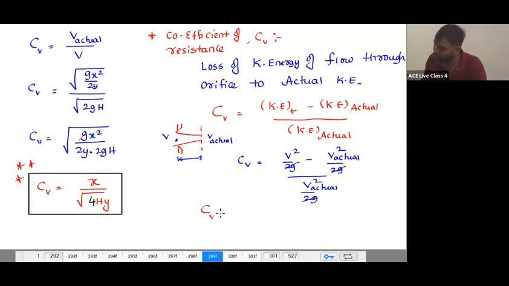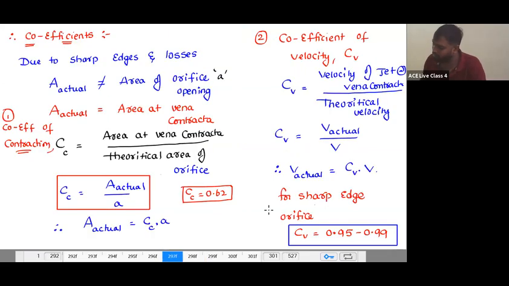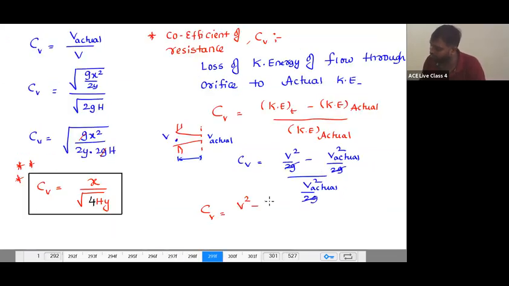Now can I write it as V square minus V actual square by V actual square? What is V actual? CV into V, right?